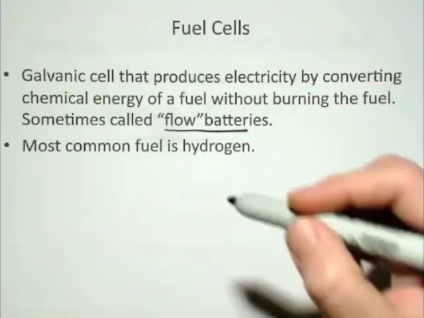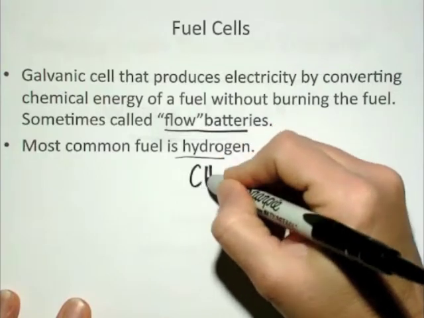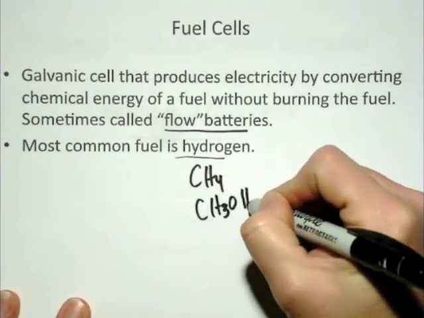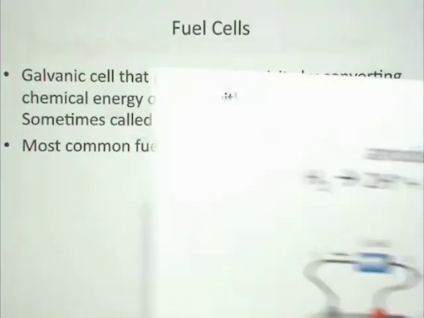The most common fuel used in fuel cells is hydrogen, but you'll also see methane and methanol used as the fuel for fuel cells as well. Okay, so let's see exactly what this looks like.